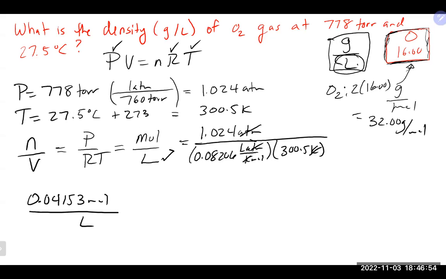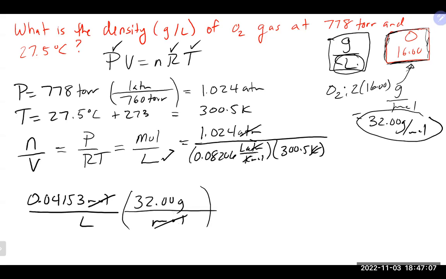Once again, I got the bottom part. I just need to convert the top part from moles to grams, and again, that is where the molar mass comes into play. We'll just do a little dimensional analysis. 32 grams per mole. Moles will cancel, and now we will have the units that we need, which gets us 1.33, we'll call it, grams per liter.